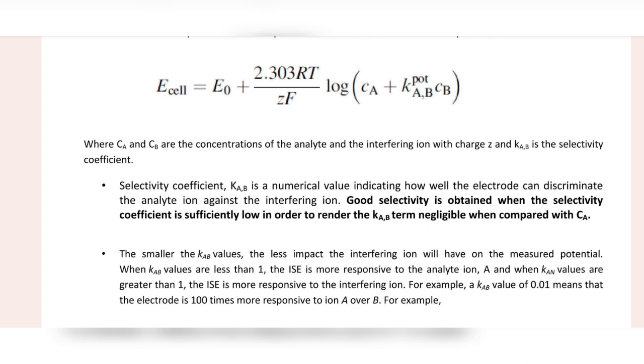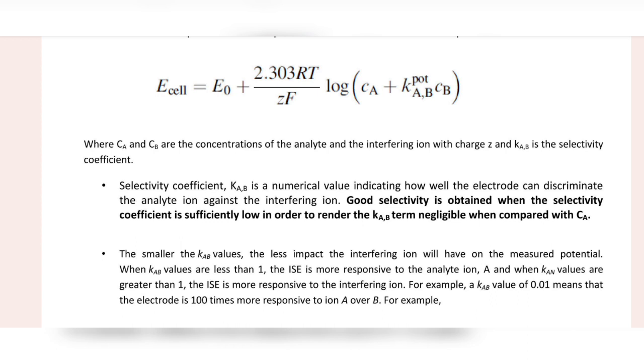The smaller the Kab value, the less impact the interfering ion will have on the measured potential. For example, if Kab is less than 1, the electrode potential only depends on the concentration of the analyte and does not depend on the interfering ions.